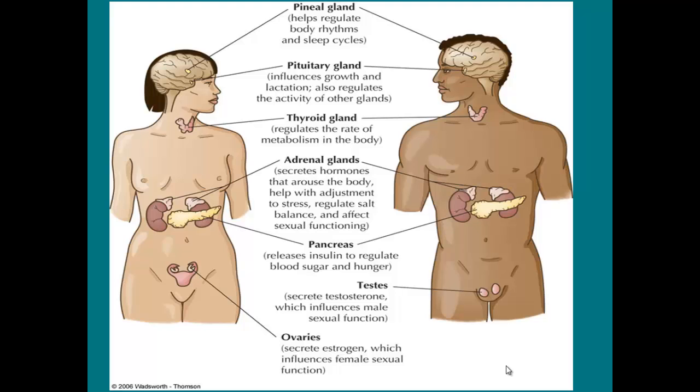There's a hormone that's released from the pineal gland, which is called melatonin. Melatonin, when hooked up with the sleep cycle, helps you get to sleep. Melatonin is released when it starts getting dark. Okay?